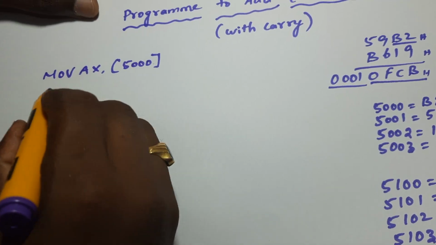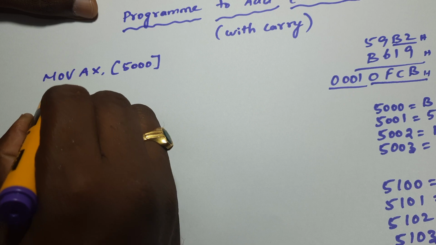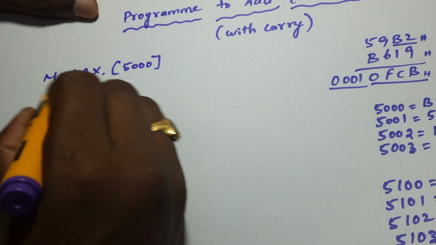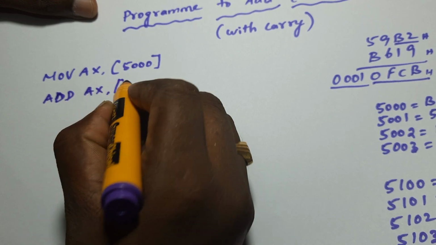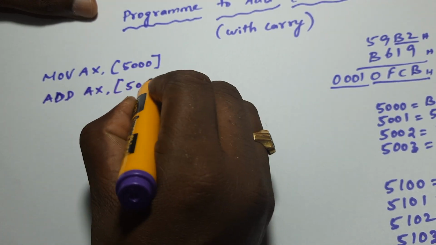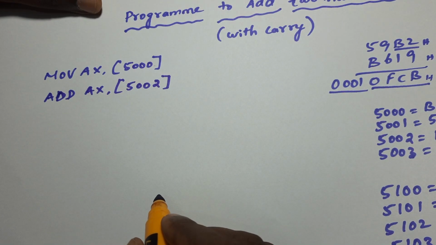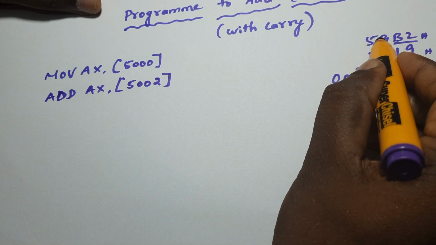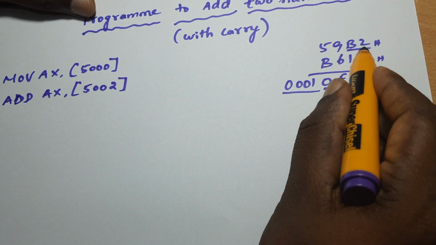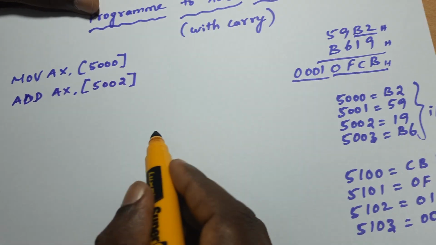And then next we need to add these two numbers. ADD AX directly from the number present in the memory location 5002. So this is stored in AL and this is stored in AH, and this is added with the value stored in 5002 as well as 5003.